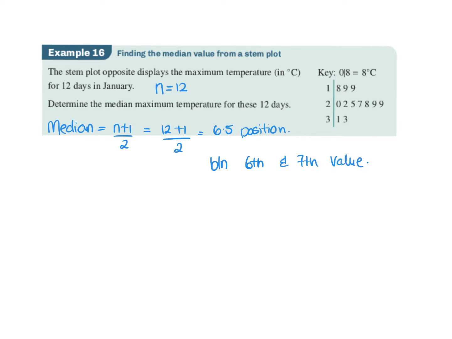We go through and find them in our data: 1, 2, 3, 4, 5, 6. 25 is my 6th value, and 27 is my 7th value. The number in between those two is 26, so 26 is the median of that data.